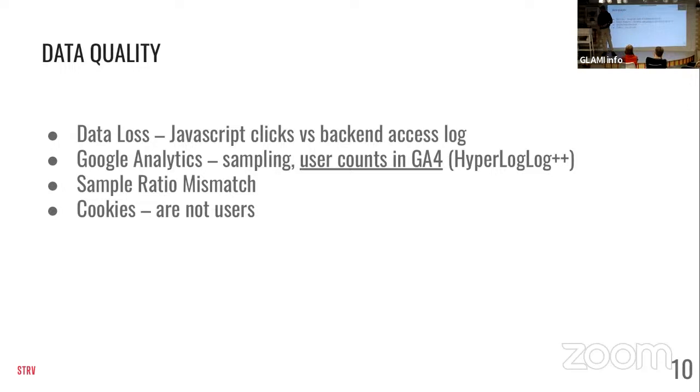And of course, cookies are not users. If you do some web experiments, you know this. I can recommend doing experiments on logged-in users. That's the simplest one. I know sometimes it's not possible. And eventually cookies will end, so that's problematic as well.